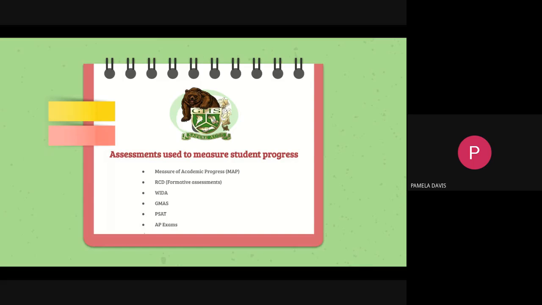Usually we pay for the 10th grade. They don't have to pay. And so we're looking at how we can make that adjustment for our 10th graders moving forward for the following year. So 10th grade will not test at this time, only 11th grade students who have paid. That decision was made.